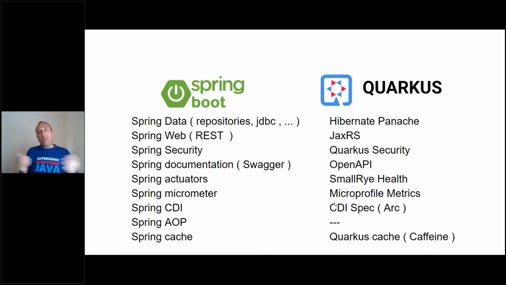Probably AOP is not so common, but the rest are pretty common. In Quarkus, we have a counterpart for all of those technologies, except for Spring AOP, because there is no AOP in Quarkus. As I said, everything happens at build time, and AOP is based on discovery at runtime, so this doesn't make any sense.